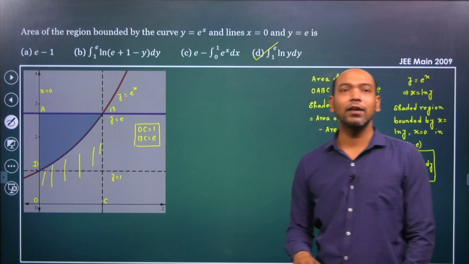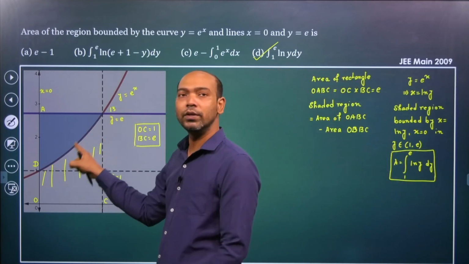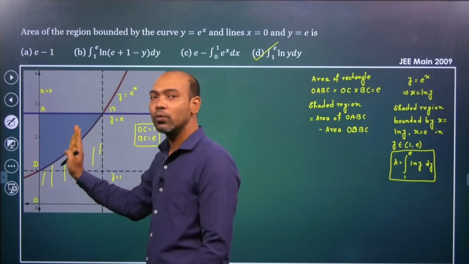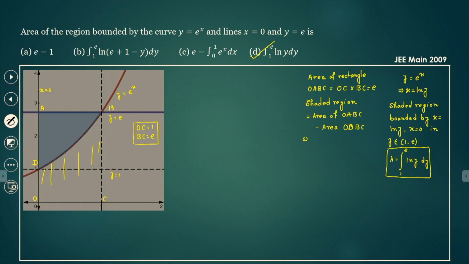Now, if I try to calculate that, what is this region? This is the region bounded by the curve y equals e to the power x, between x equals 0 and x equals 1. Therefore, ODBC is the region bounded by y equals e to the power x, y equals 0, the x-axis, inside the interval x belongs to 0 to 1.